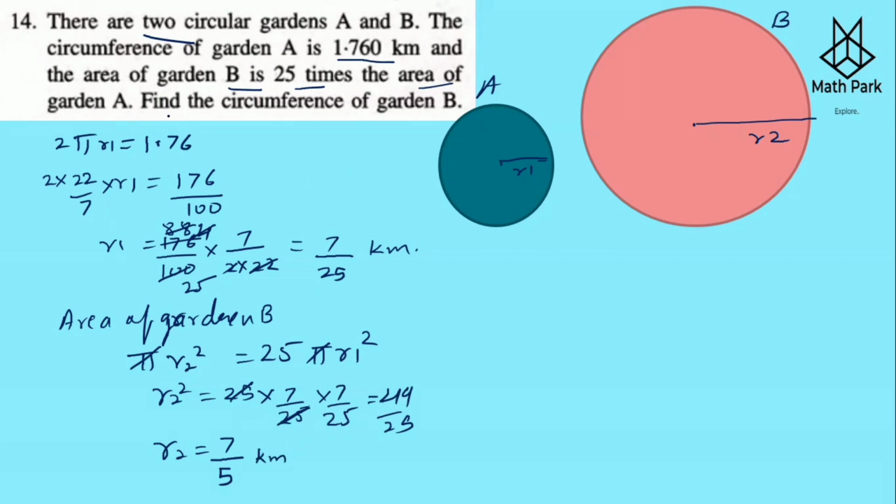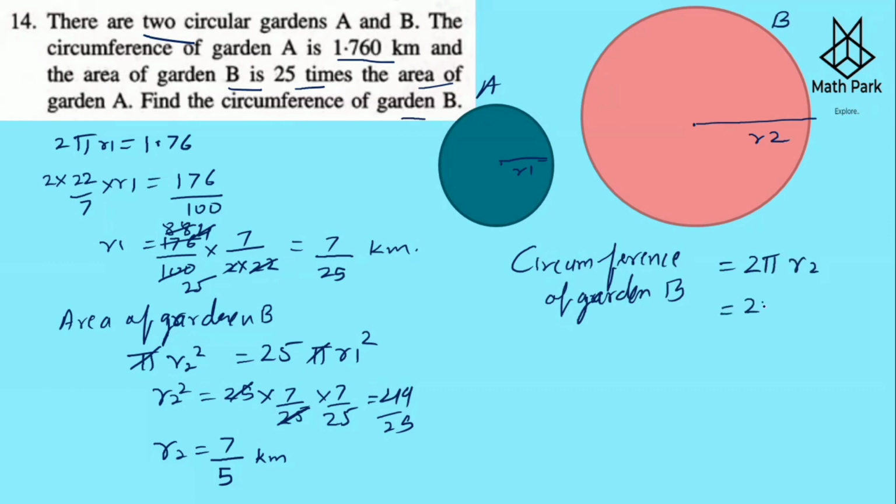Now you are asked to find the circumference of garden B. So circumference of garden B is equal to 2 pi R2, which is 2 times 22 by 7 into R2 is 7 by 5.